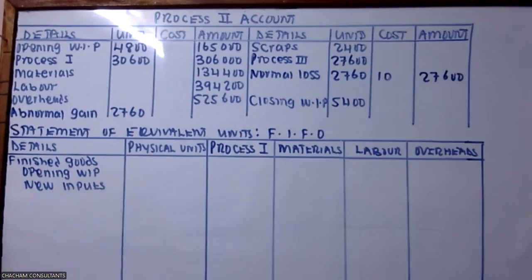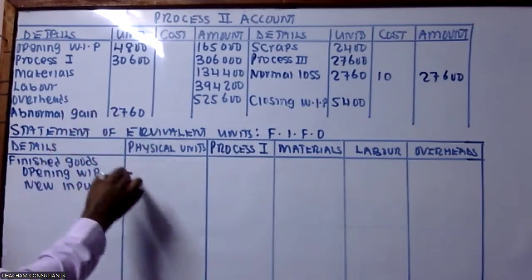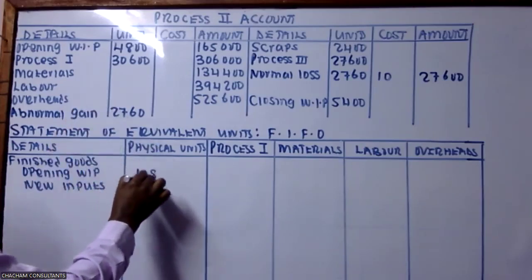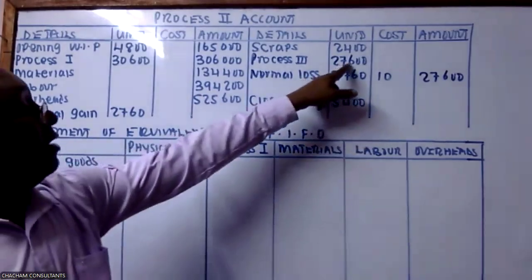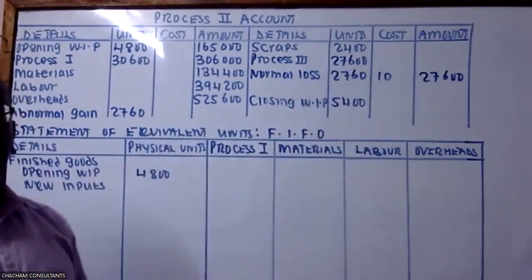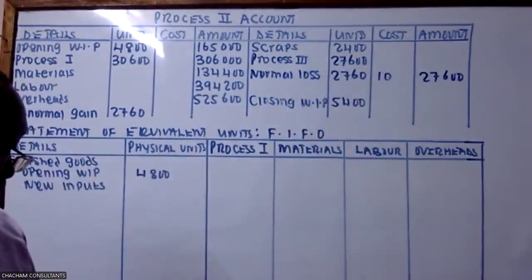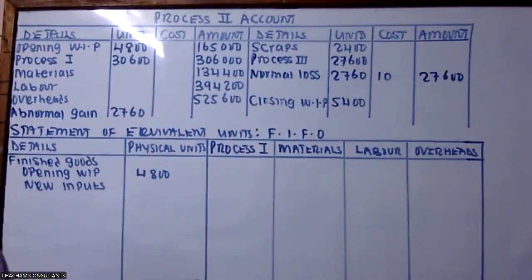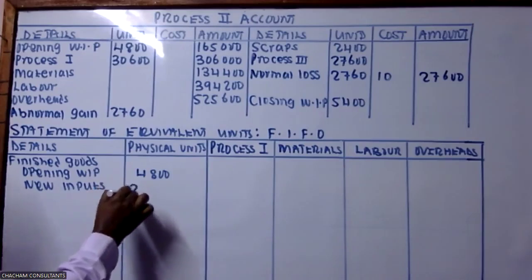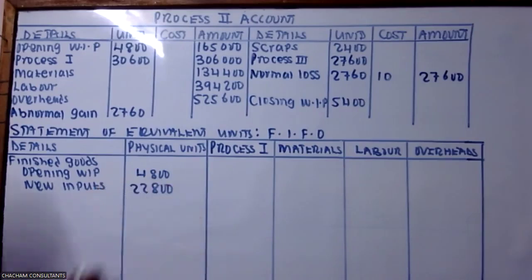So the finished goods, the opening work in progress is 4,800. And the new input you get as this one that we completed, 27,600 minus the opening work in progress 4,800, which is 22,800.